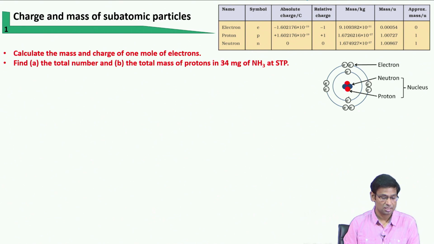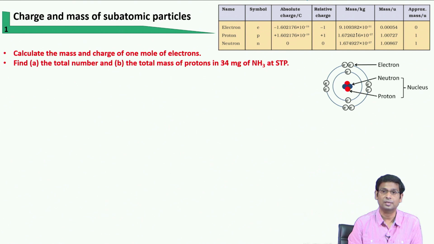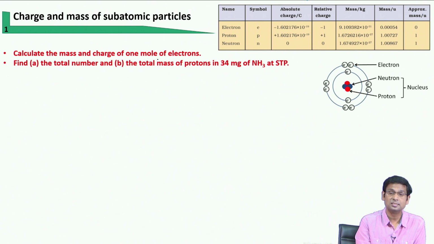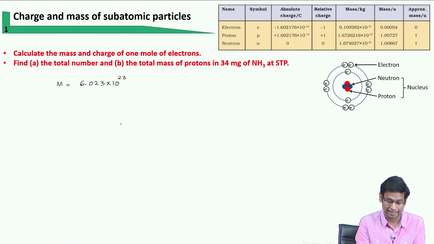The first question asks, calculate the mass and charge of 1 mole of electrons. So we know that the mass of 1 electron is given over here, 9.11 × 10^-31 kg, and this asks for 1 mole of electrons. So the total mass of 1 mole of electrons is M = 6.023 × 10^23, because in 1 mole of electrons you have this many electrons, and each electron has the mass of 9.11 × 10^-31 kilogram.